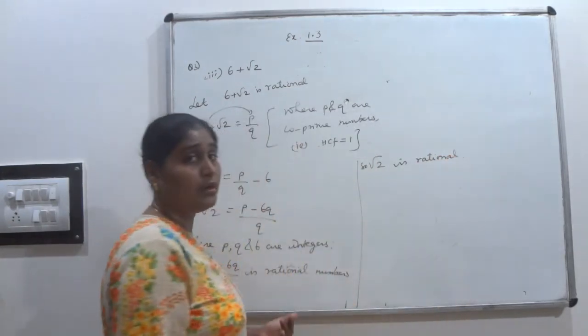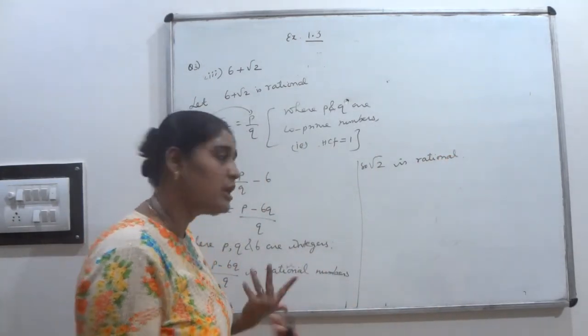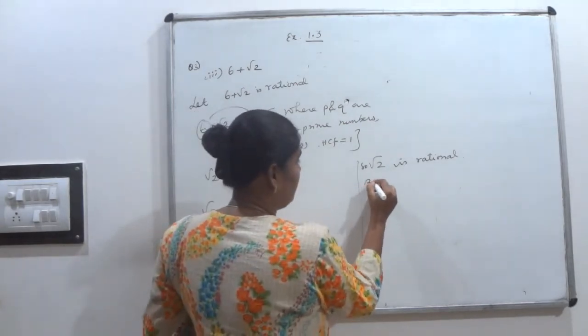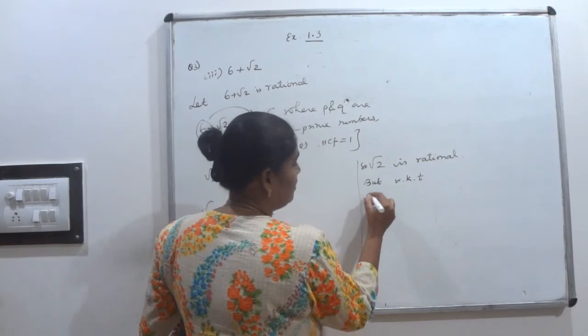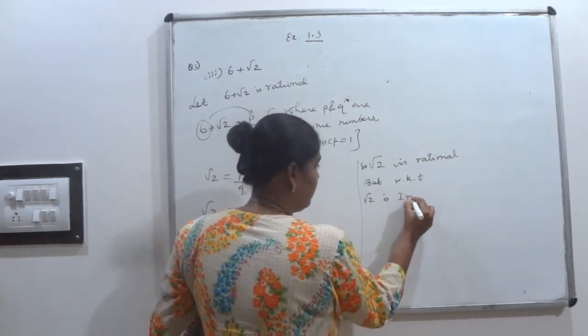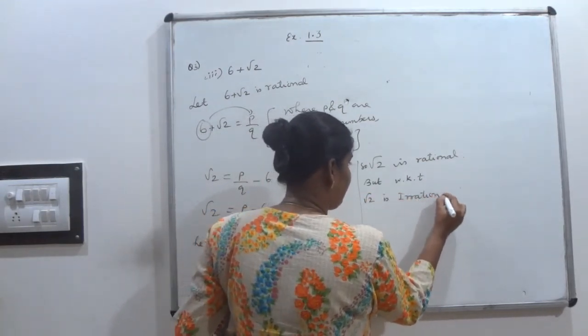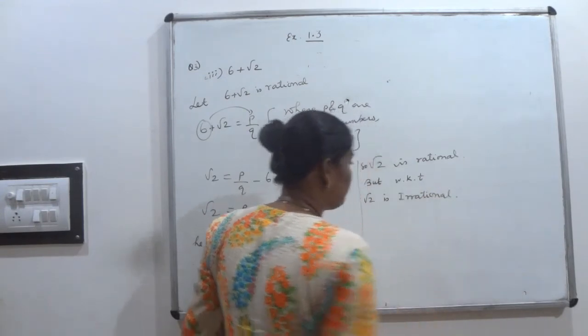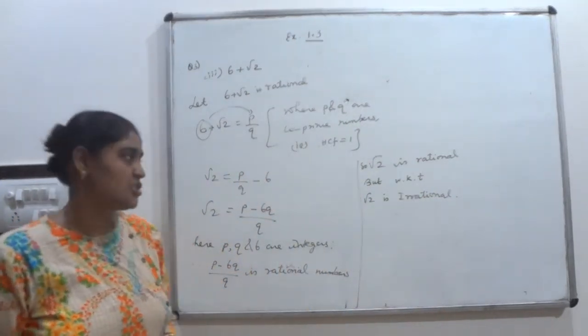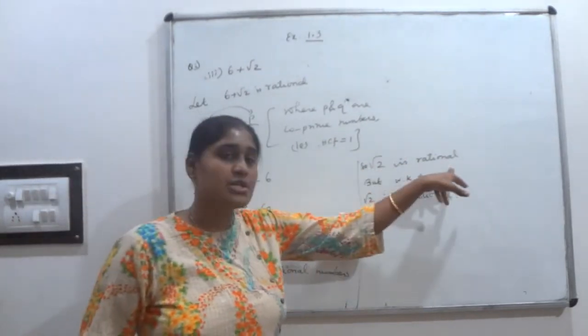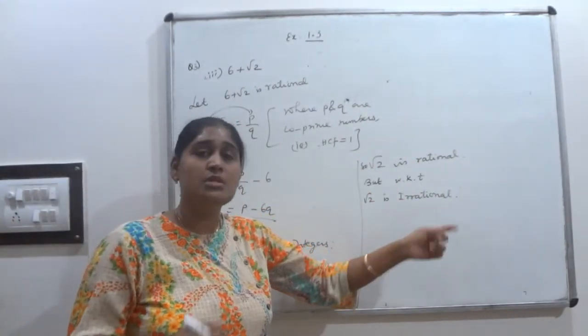But I know that normally root 2 is an irrational number. So that also I write. But we know that root 2 is irrational. Root 2 is an irrational number. So both the statements contradict each other. One is telling root 2 is rational, another one we know that root 2 is irrational.